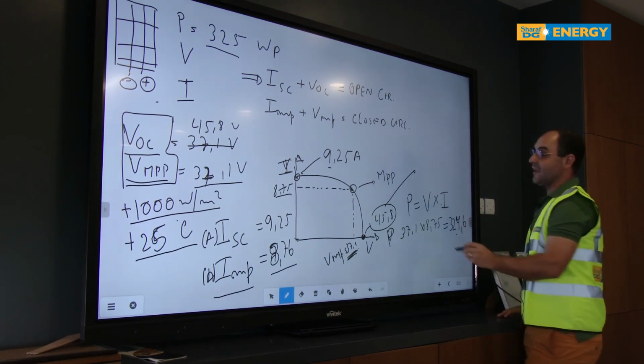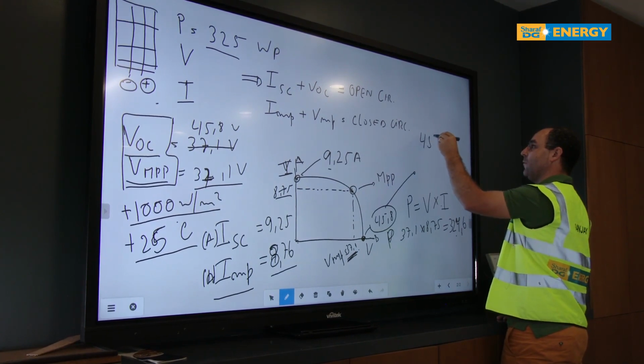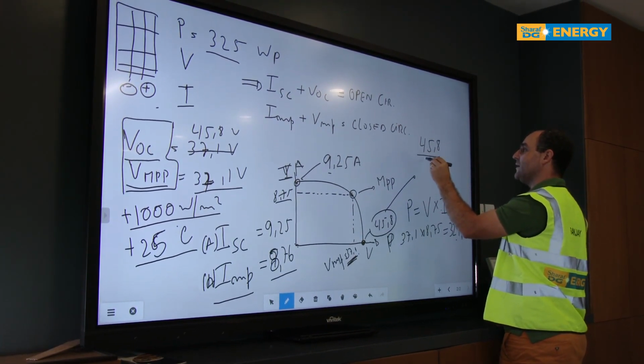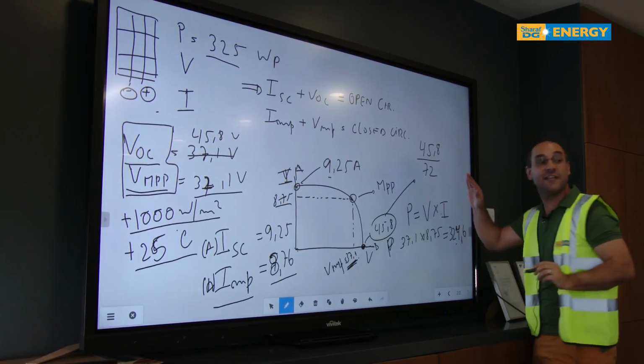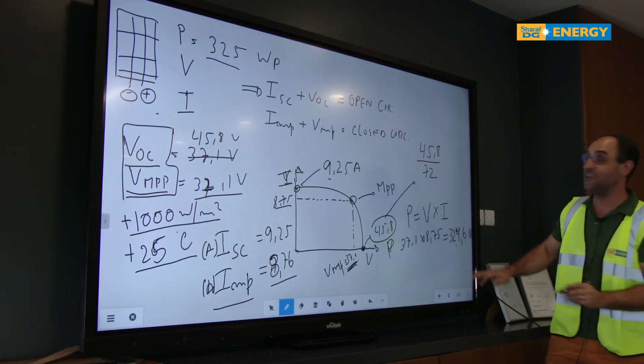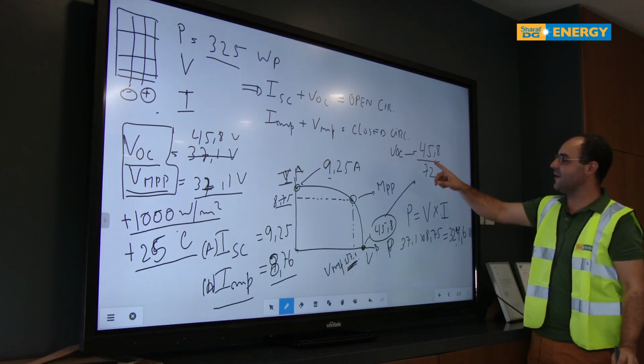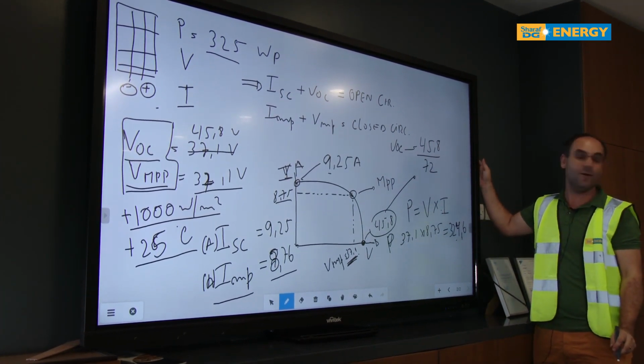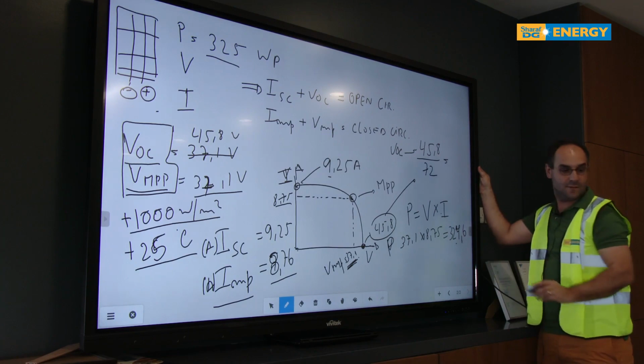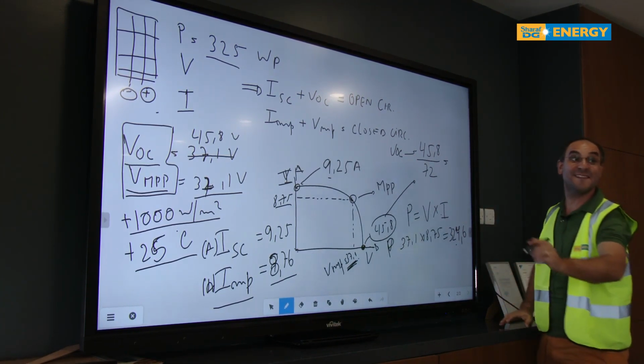Can you divide 45.8 by 72? I will explain where these numbers are coming from. This one you know already. Can you divide this one and let me know? 0.6.